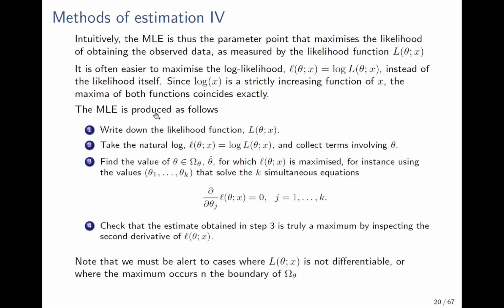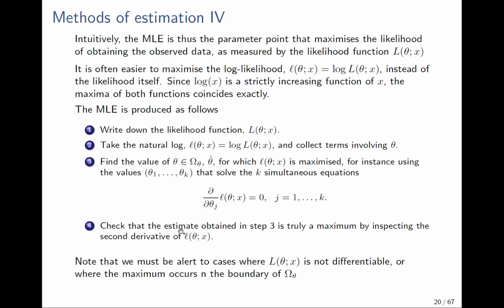The maximum likelihood estimation procedure works as follows. First, we write down a likelihood function, and we'll look at an example of how that looks in a minute. We take the natural log and collect terms involving theta. We then seek to find the value of theta for which the log likelihood is maximized. For instance, say we've got a k-dimensional parameter vector. We solve the k simultaneous equations by setting the partial derivatives equal to 0, the usual way we would for an optimization problem.